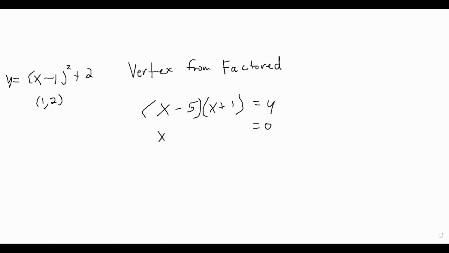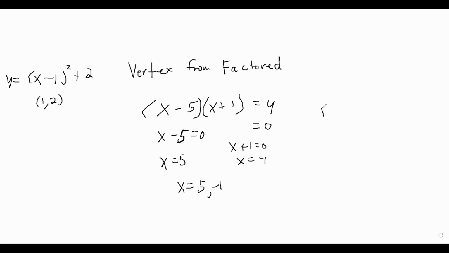So x minus 5 is equal to 0 when x is 5. Also, if we have x plus 1 equal to 0, we move that over, we get -1. So x is 5 and -1.